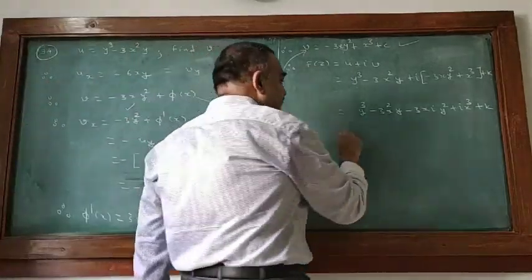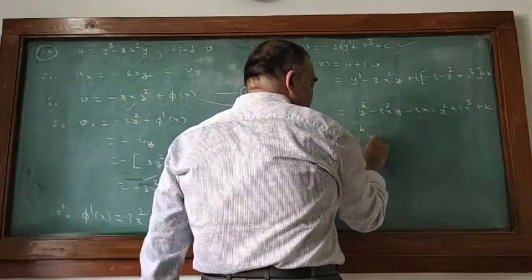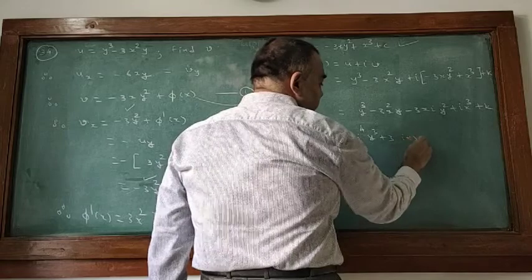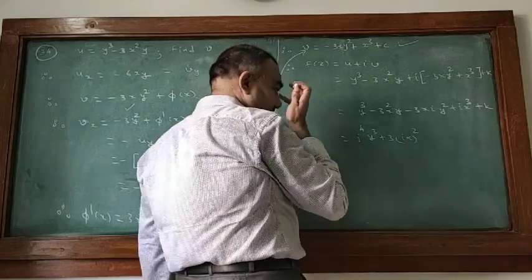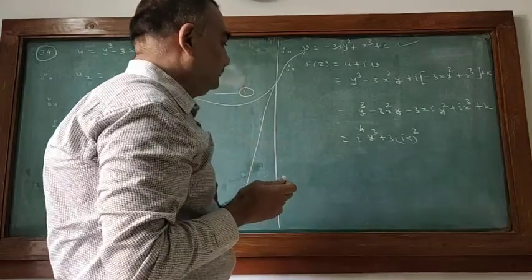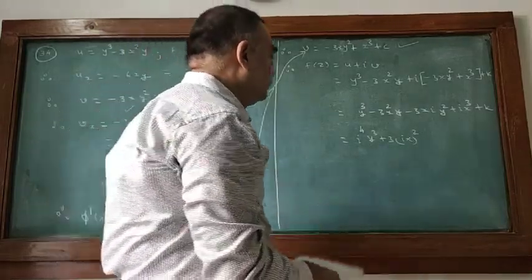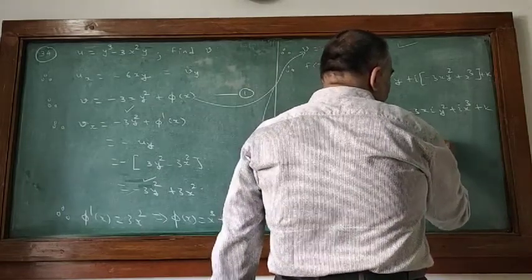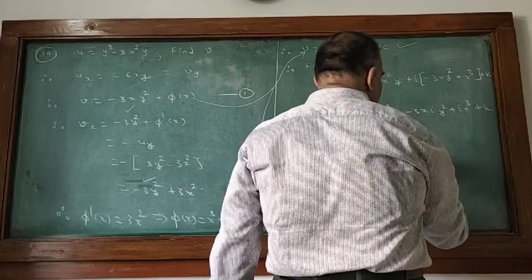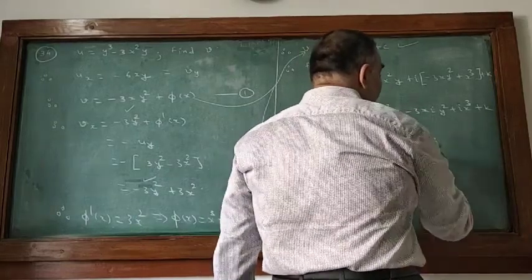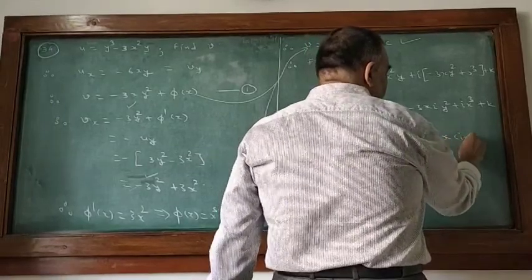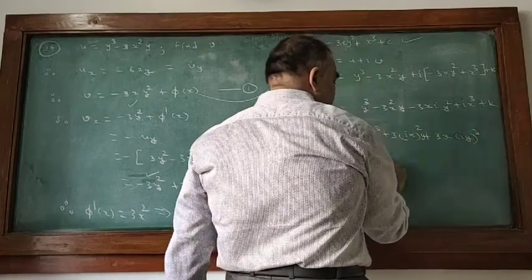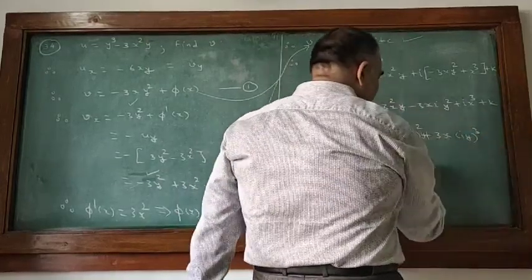Can I write this like this: i raised to 4 y cube plus 3 i x square, plus 3 x i y cube, plus i x cube plus k.